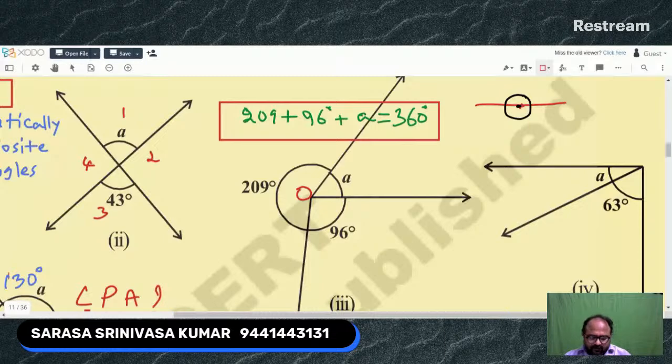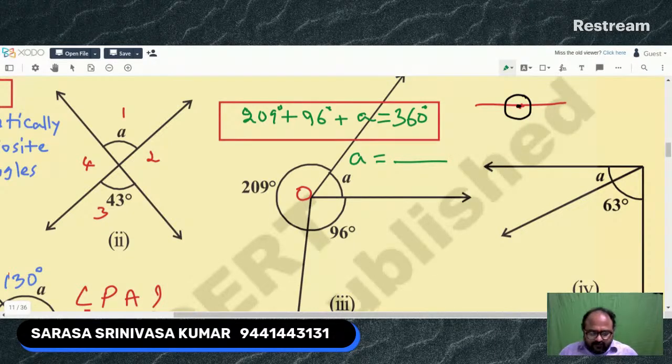Students, you can respond in the chat box. What is the angle A? Angle A equal to 360 degrees minus the sum of these two angles, 209 degrees and 96 degrees. So from this you can get the value of A. So I'm keeping a blank there.